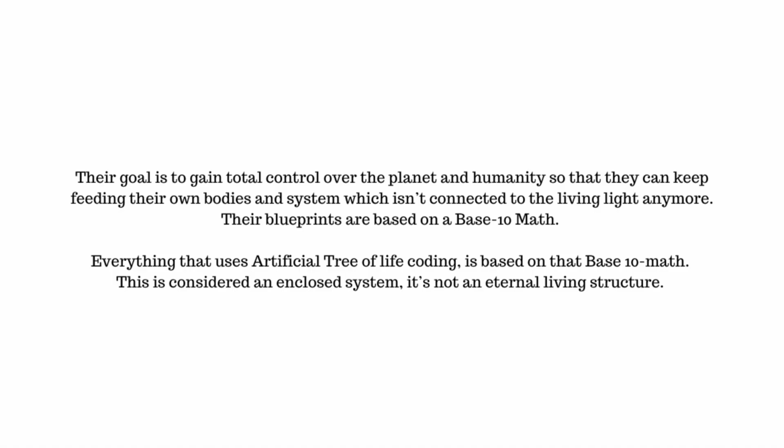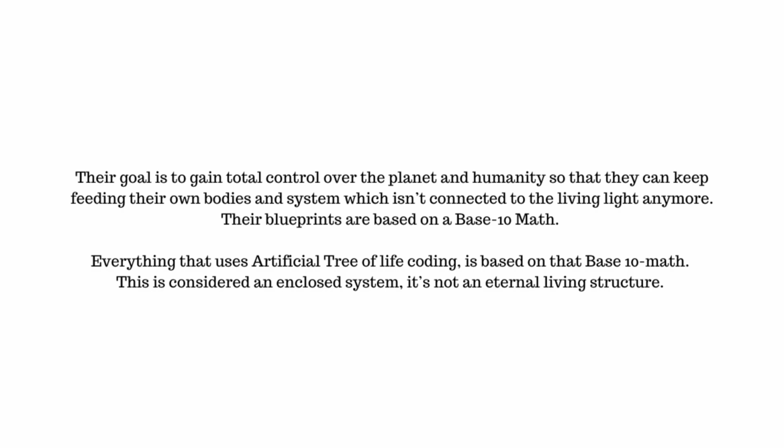They did that because they didn't want to live according to the principles of the law of one, which is basically to live in unity and in harmony with any and all living beings. So their goal is to maintain total control over the planet and humanity so that they can keep feeding their own bodies and system, because that's not connected to the living light energies any longer.